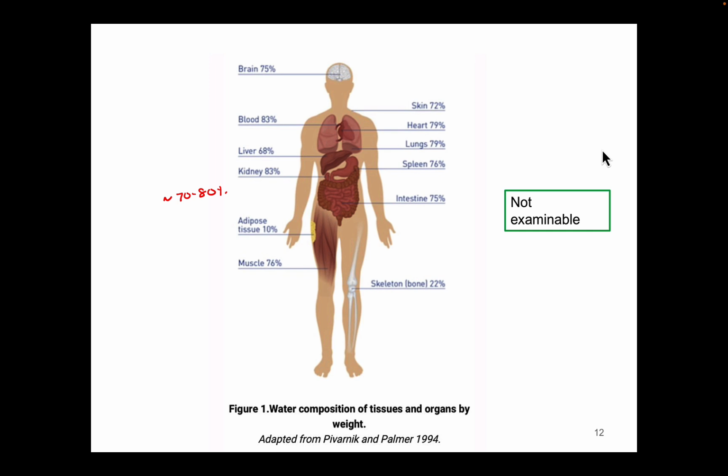Our bone has less, but our adipose tissue or fat tissue has substantially less water, only 10% water by weight. So if someone has a lot more adipose tissue, they essentially have more dry or fluid-free tissue. So more adipose tissue means less body water by percentage.